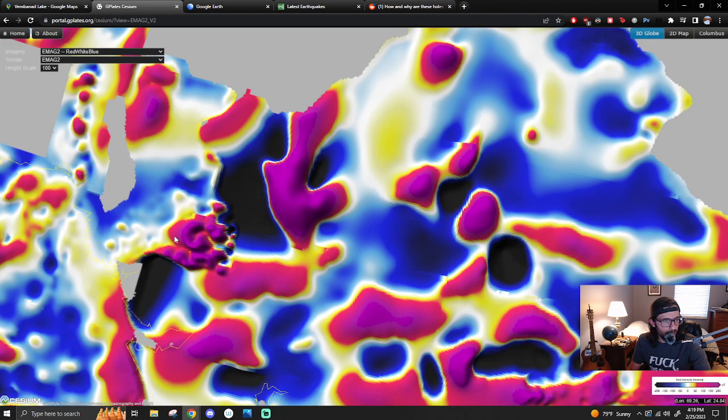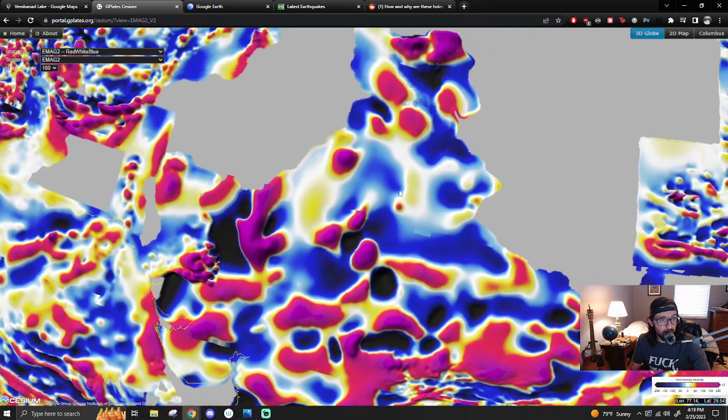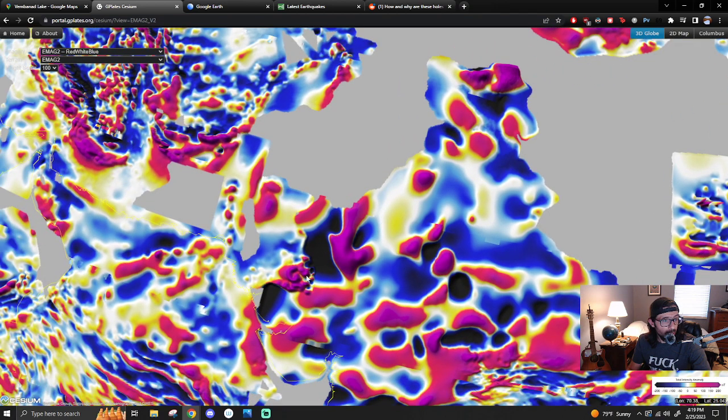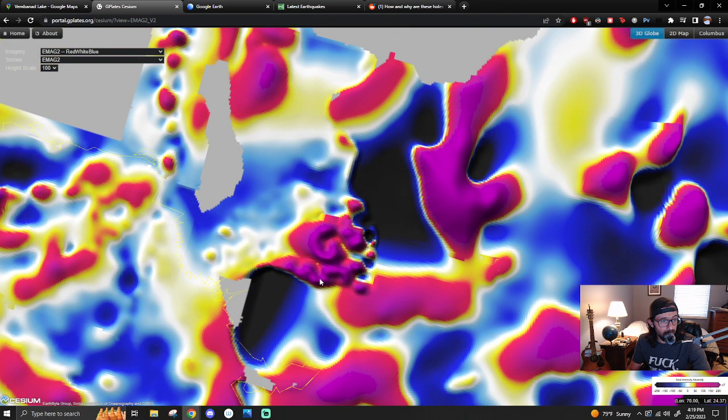This segment looks a lot like this segment. And if we follow it around, it has a gap, and then two mounds. I don't know if it has that. Maybe these two mounds. And then a gap.